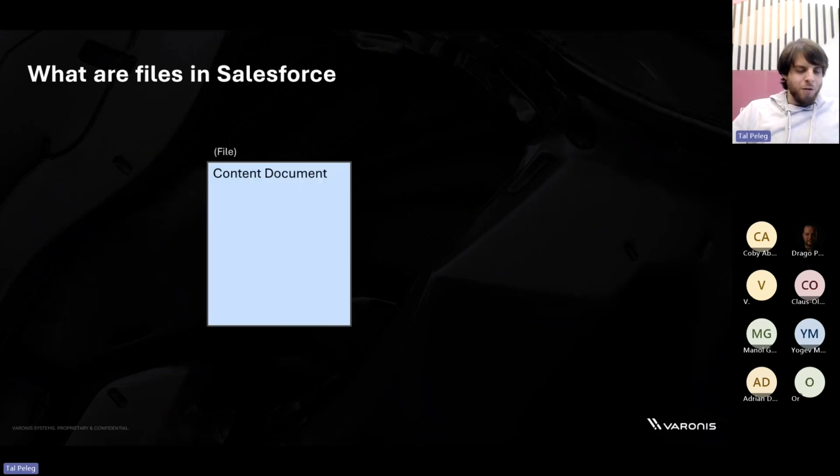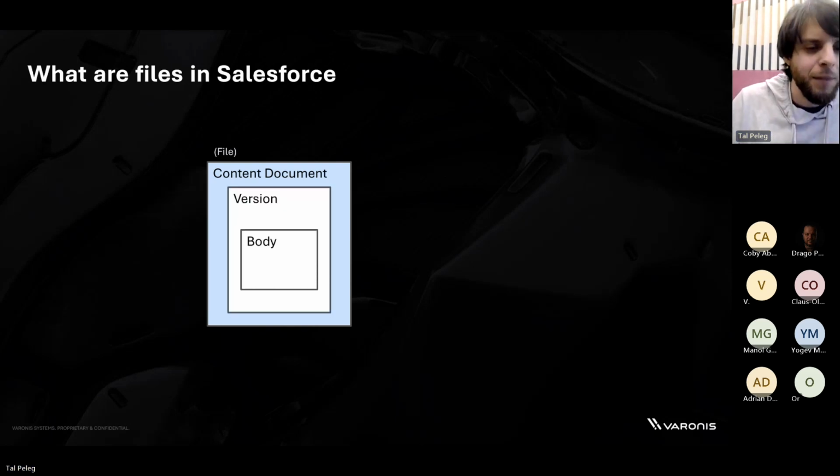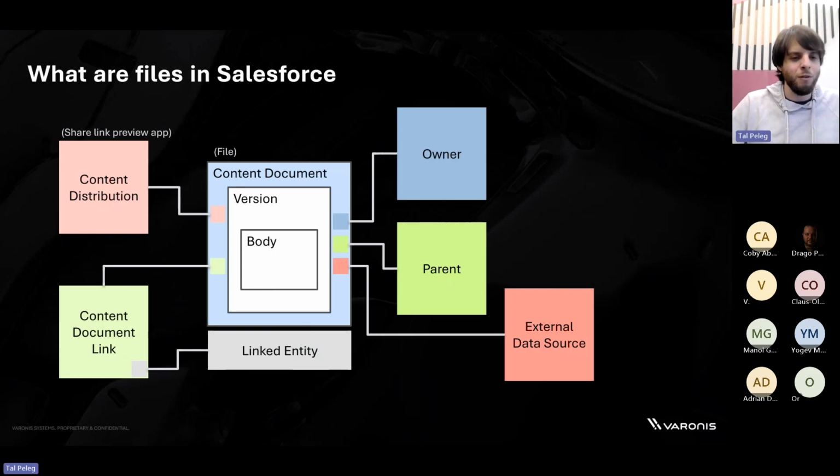Files in Salesforce are called content documents. These content documents have inside of them a version and a body, or versions and their content. But apart from this, they have other records connected to them. It could be the owner of the document, the parent directory, and any other record that you want to connect to them.